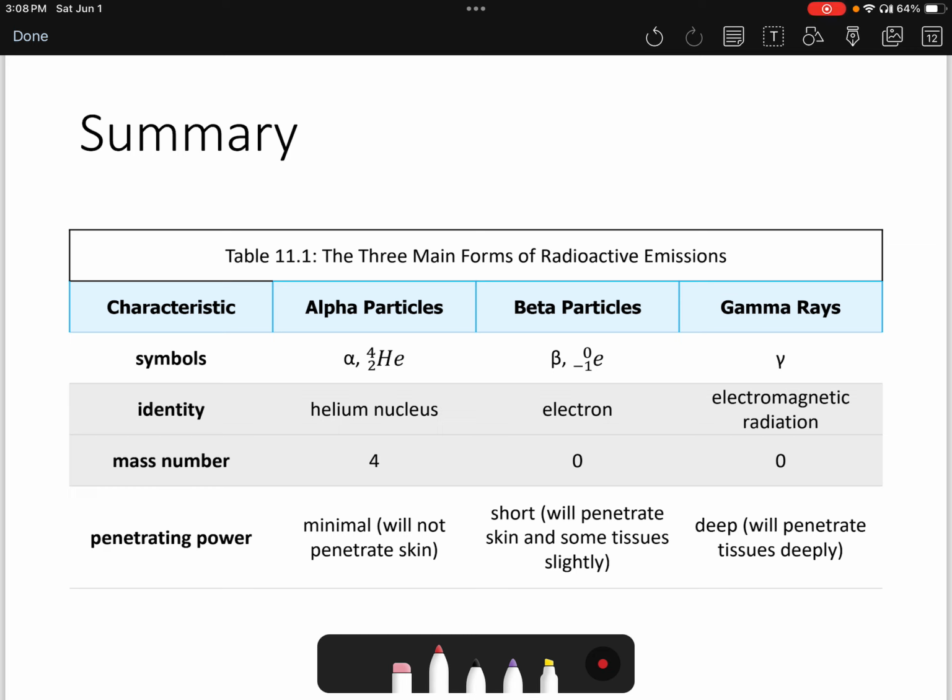And then gamma rays are given the symbol gamma, and they're actually made up of electromagnetic radiation. The mass number for gamma rays is 0, and gamma rays can penetrate through anything. So they can actually pass through pretty much anything that isn't really, really thick, like a big piece of lead. All right, so we'll talk more about why that's important later.